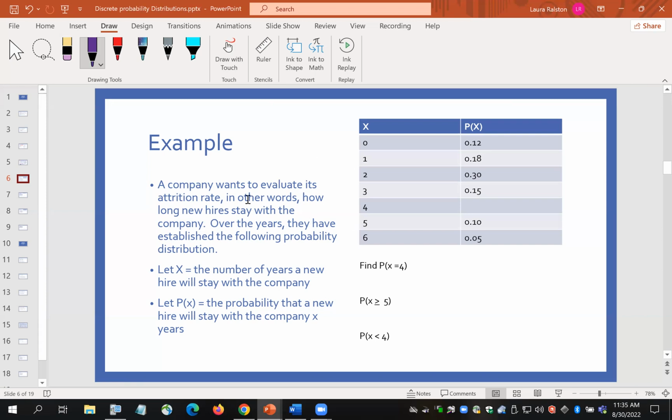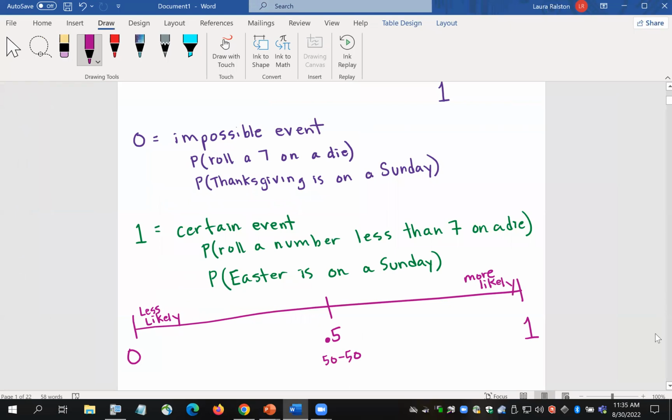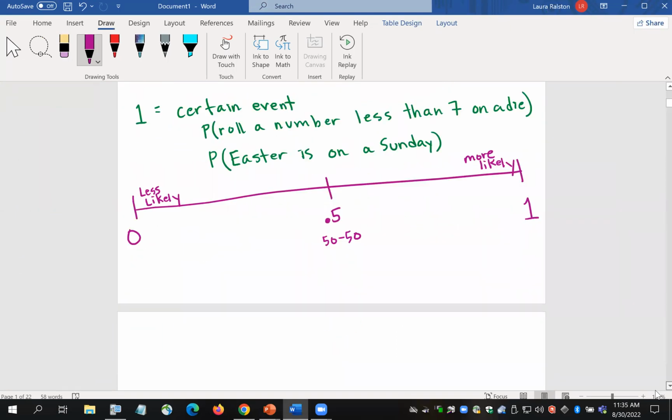So they've given us a table, and they've shown if a new hire will stay 0, 1, 2, 3, 4, 5, or 6 years. And then based on past histories, they've determined the probabilities. But it looks like one of the probabilities is missing. Okay, so I'm going over to my piece of paper. I copied this question earlier onto my paper so we could talk about it.